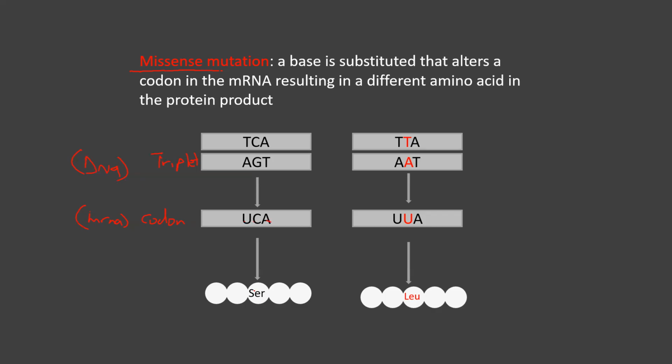And that codes for the amino acid serine. On the other side here now, you substitute AGT, and you end up now with AAT instead. So your mRNA is UUA, and this codes for the amino acid leucine, right? Significantly different amino acid. So if you get a change in the amino acids in the protein, it's caused by a missense mutation, right?